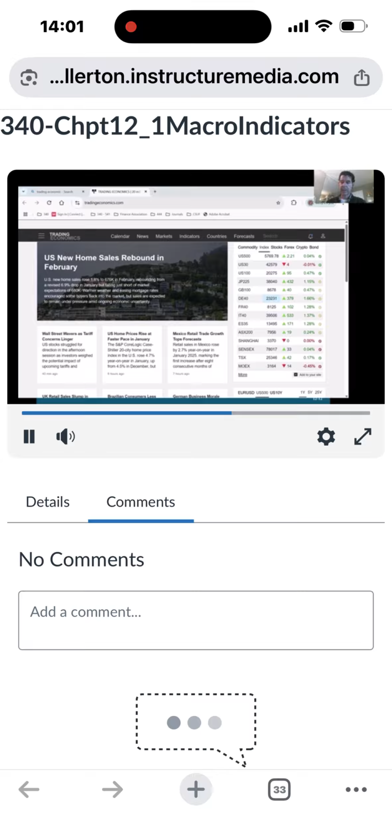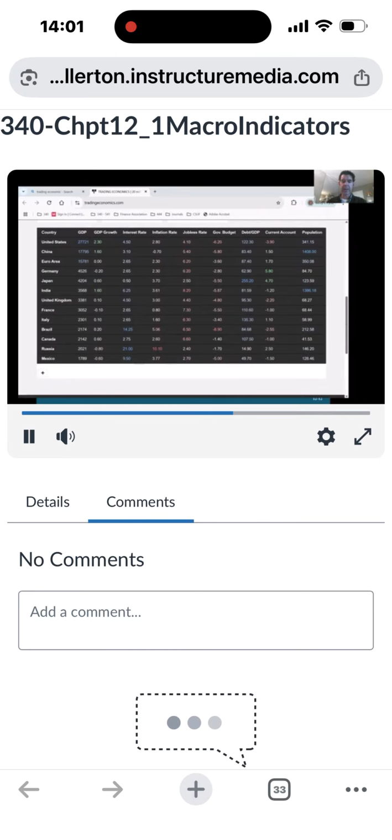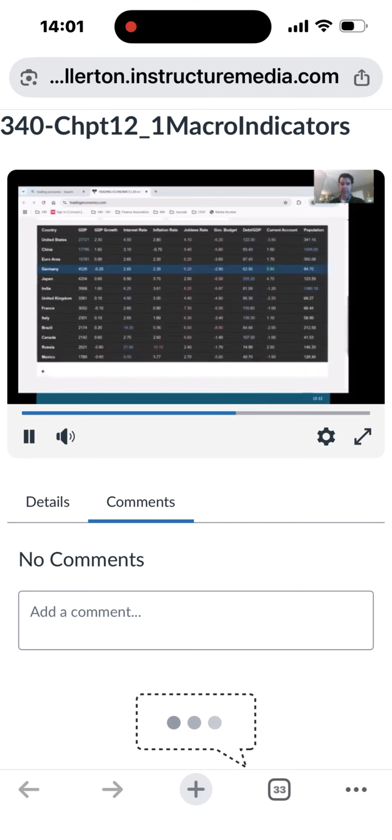And you look here, and there's a lot of information going on, but I'm going to scroll down. So you just scroll down a little bit. And right here, what do they have? They have different countries, okay? And we can look, and at the very top, what do they have? They've got the United States, and they have essentially the indicators we just looked at.